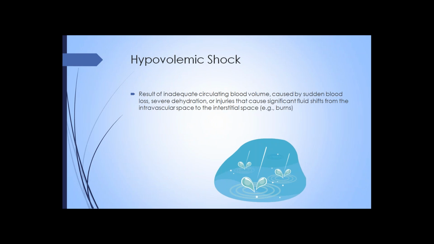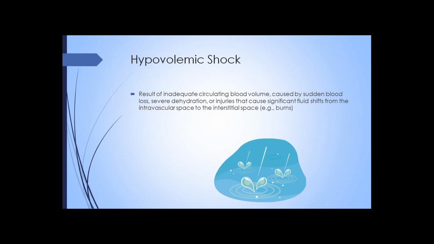So one type of shock, because remember there are multiple types of shock. We are going to talk about them. The first type is hypovolemic, which is how much volume you have inside your tank. Cardiogenic is how good of a pump you have circulating all that volume in your tank. So we refer to our heart as a pump.